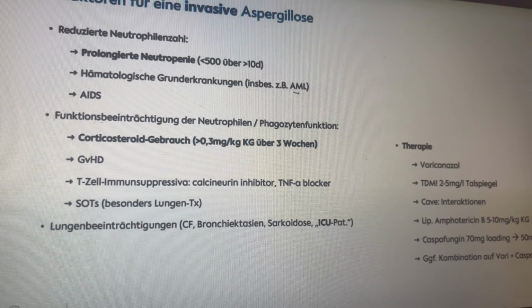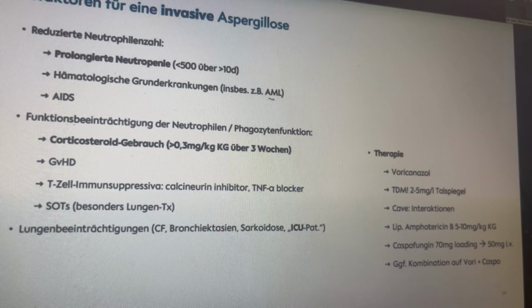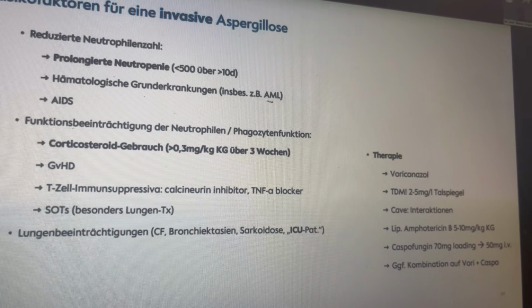And therapy, which is recommended according to the guidelines, is voriconazole.